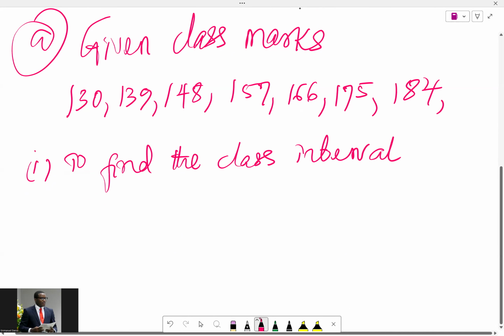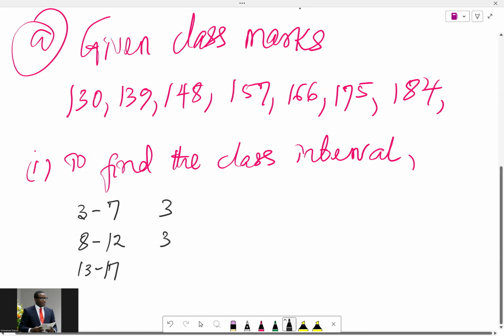Just like I said in the previous situation, imagine you have the problem of 3 to 7, frequency 3, 8 to 12, maybe frequency also 3, and then 13 to 17.